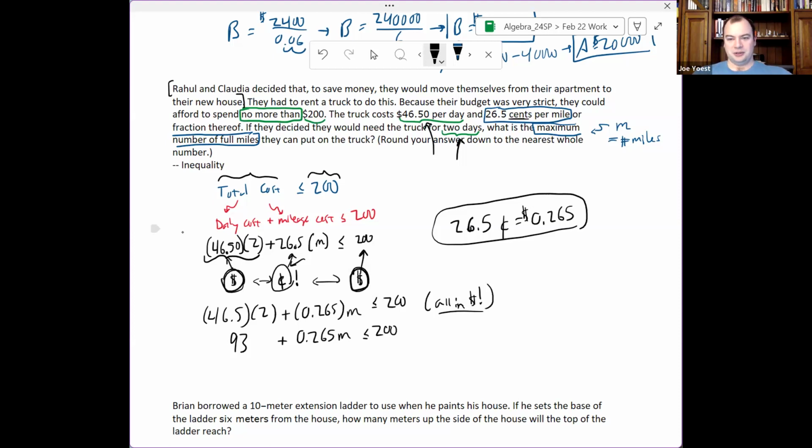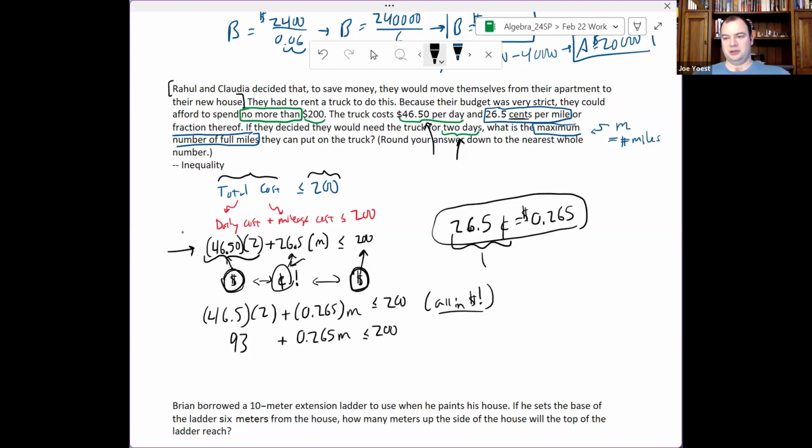That's inconsistent with the other units of dollars in the problem. If I just started here and said, okay, I've got an inequality 46.5 times 2 plus 26.5 M less than or equal to 200, and I solved for M, I'd get a very low number of miles that I could supposedly drive the truck. That would be acting like I was paying $26.50 per mile, but that's not actually the case.